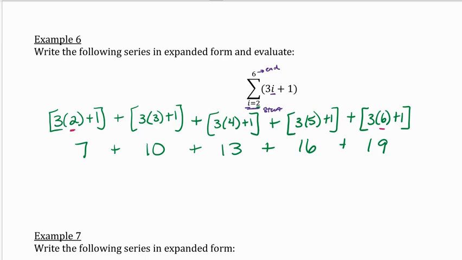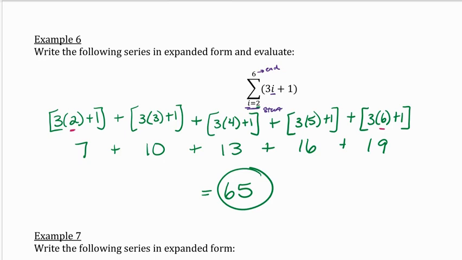It's add 3 each time, right? And then if we do 7 plus 10 plus 13 plus 16 plus 19 and add those all together, we get a sum of 65. Right? So when you see a problem that looks like this guy, when it looks like that sum thing and it has a formula, that's asking you for what is the actual sum. You have to add something together to get that answer.